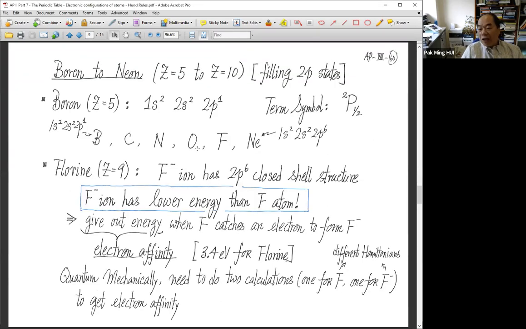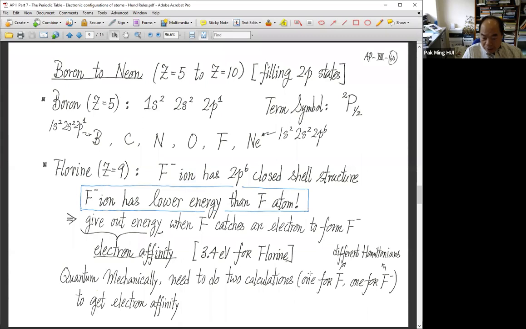And then we start filling the 2p from boron to neon. So we just keep on filling this 2p1 and then 2p2 and so on. So you have boron up to fluorine, you have 2p5. I already mentioned fluorine ion is a very common ion we encounter in molecular context. It has 1 more electron.